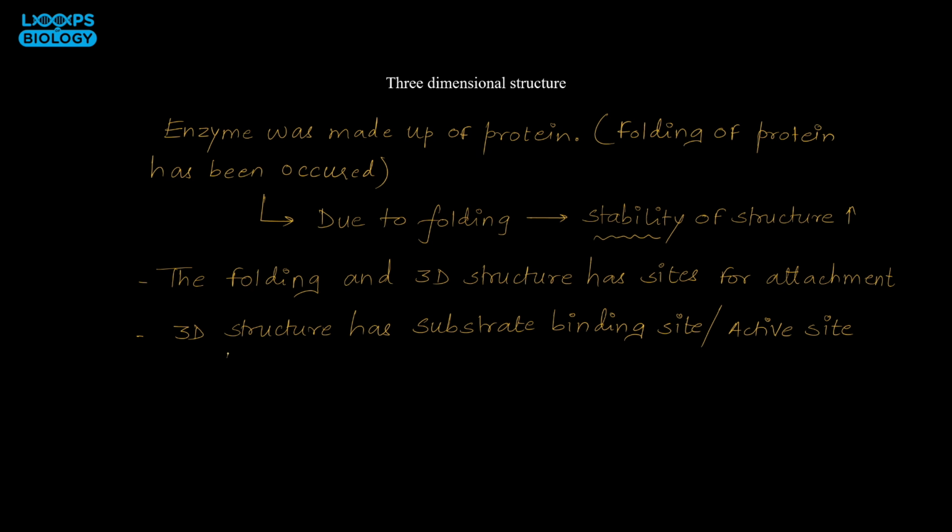In this particular case, this site helps the substrate to bind to an enzyme. Whenever the enzyme has to bind to a substrate or the substrate has to bind to an enzyme, that complete binding takes place through the substrate binding site present on the three-dimensional structure of the enzyme.